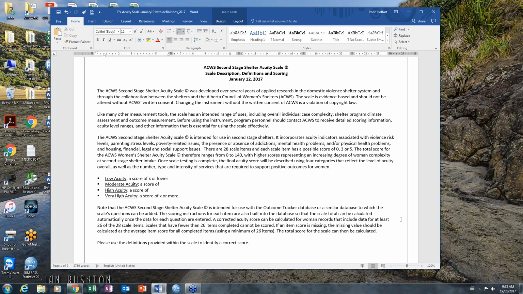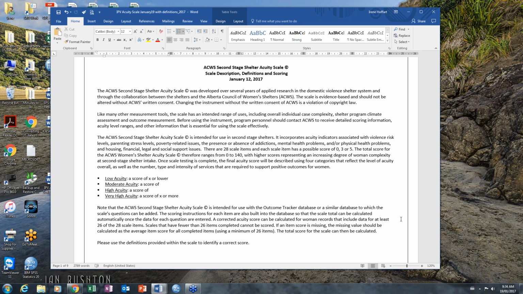The decision of that committee was that it was really important to have some way for second stage shelters to understand the complexity of issues that women are dealing with when they come to the second stage shelter. The purpose is for us to speak to the complexity that we're working with, but also, of course, to inform service delivery.